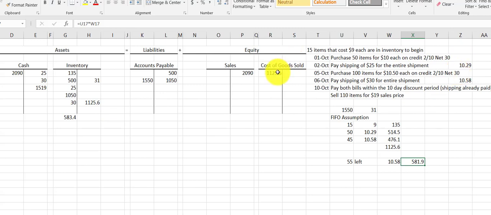Now, let's say that we had to consider lower of cost or market. Let's say that these 55 left go a long time without being sold. And so we're looking at those saying, the only way we're going to be able to sell those is to sell them for less than $10.58, right?